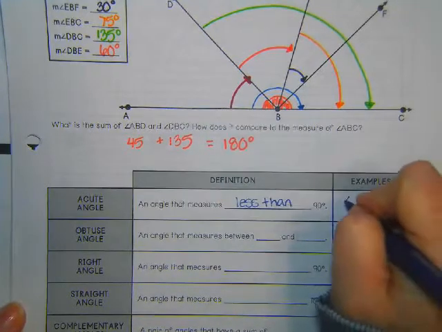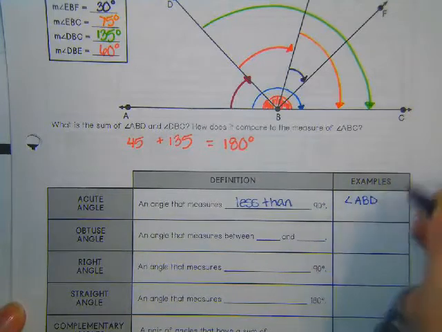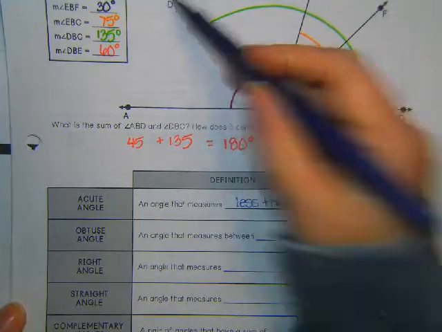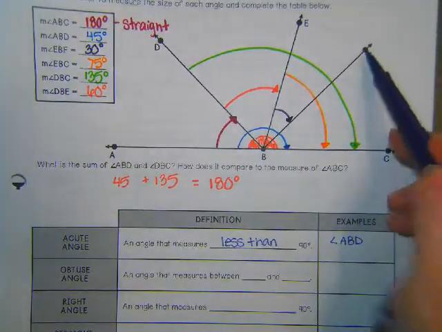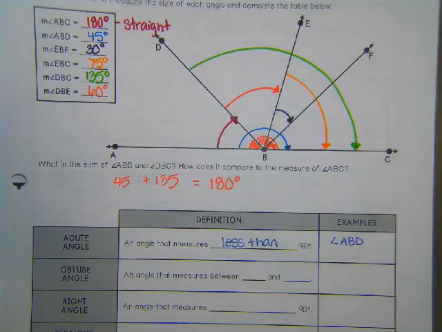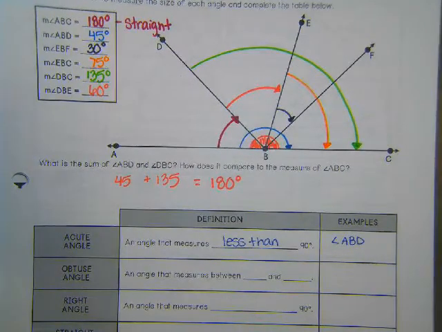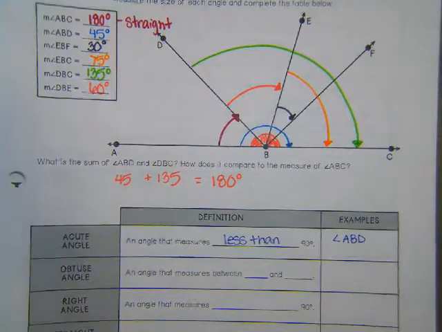So again, we put our angle sign, capital letters, A, B, D. We could also say DBE, EBF, FBC. Those are all examples that we could have written. Those are all acute angles, or angles that are less than 90 degrees.